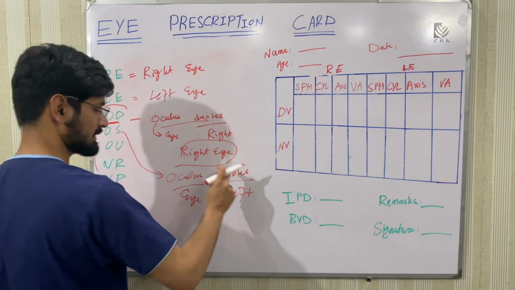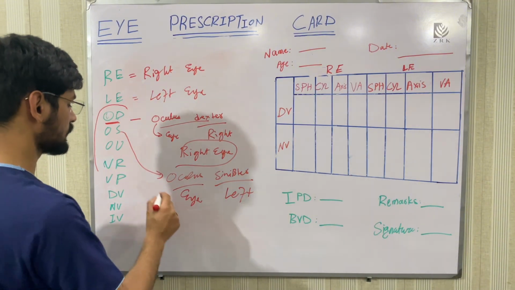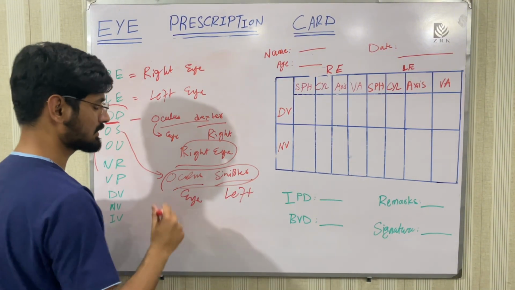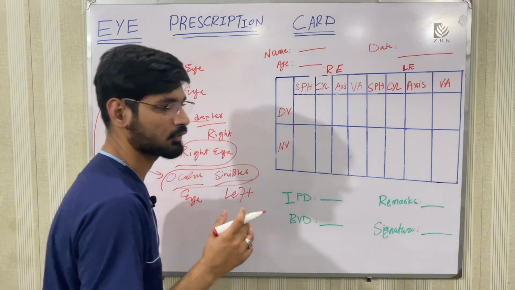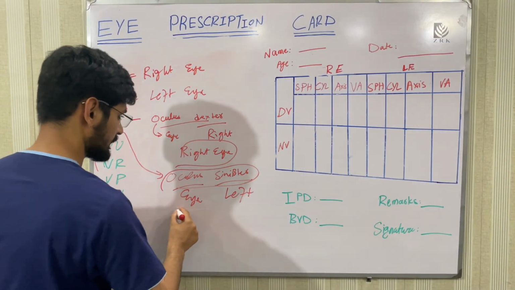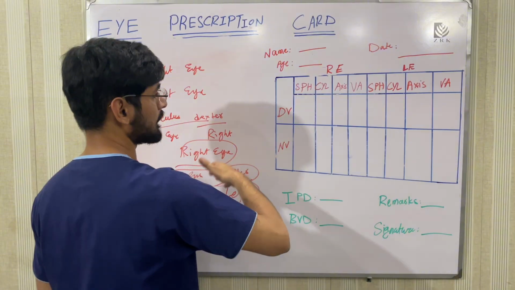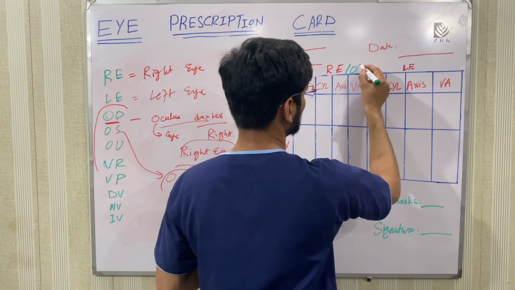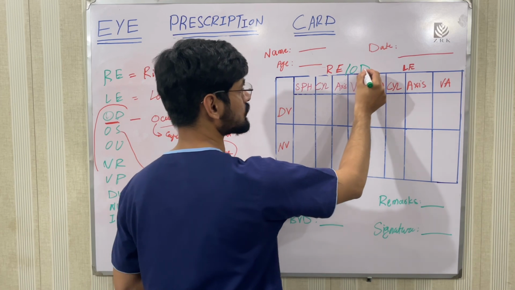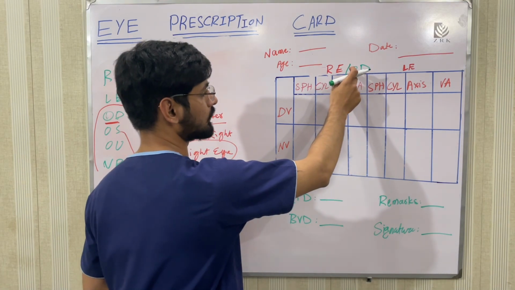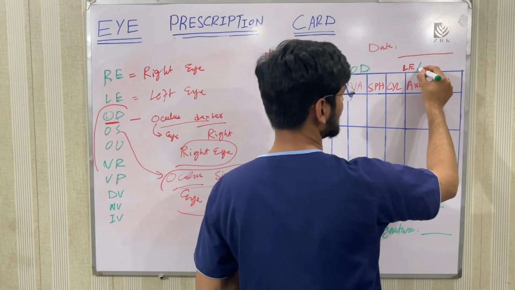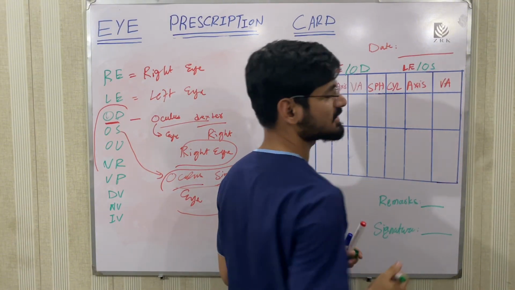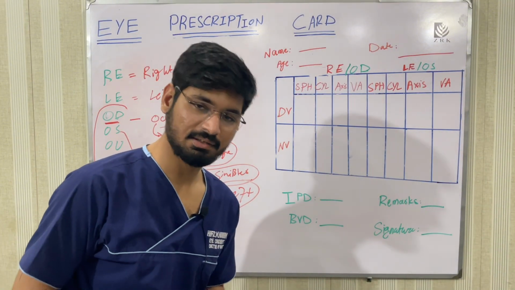So if we see OS in a prescription card, it means we are talking about the left eye. Here we are also able to write OD, which means right eye, or on the left side we are able to write OS, which means we are talking about the left eye.